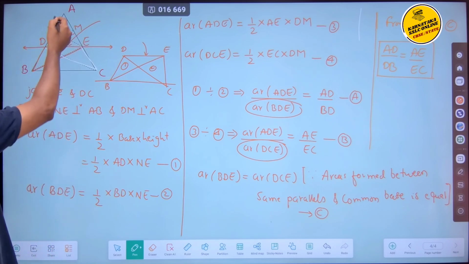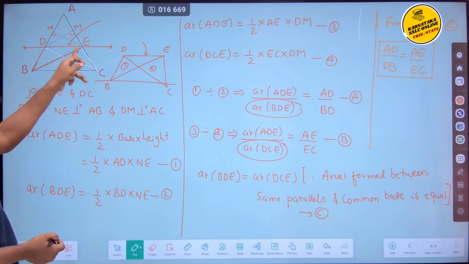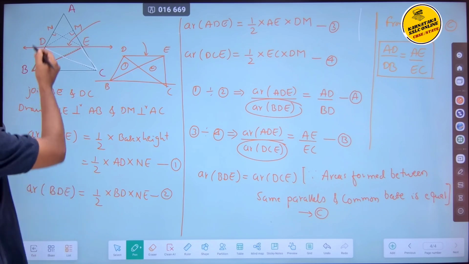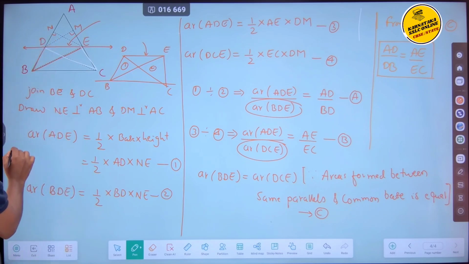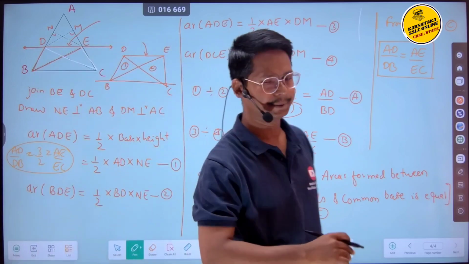So they divide in the same ratio, as AD by DB is the same as AE by EC. Suppose AD by DB is 3 by 2, then what about AE by EC? It is also 3 by 2. So this is about BPT.